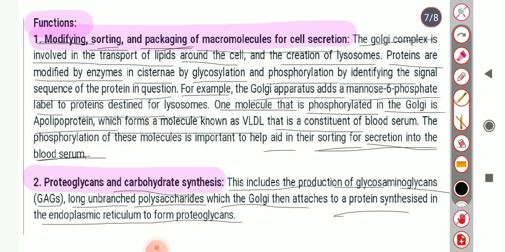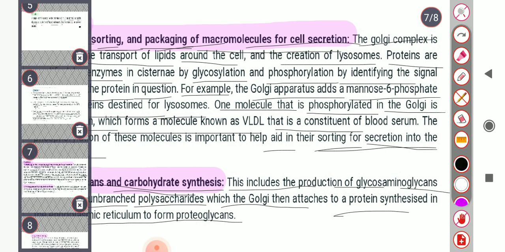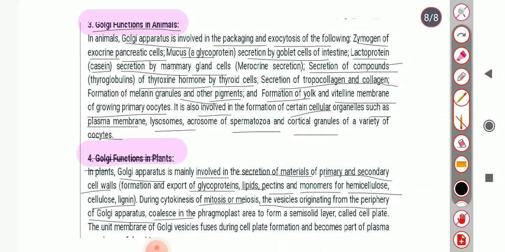When we talk about function: modifying, sorting and packaging of macromolecules for cell secretion, proteoglycan and carbohydrate synthesis. The main function of the Golgi apparatus in animals is packaging and exocytosis of proteins, mucus, etc. And in plants, its main function is secretion of materials to the primary and secondary cell wall.